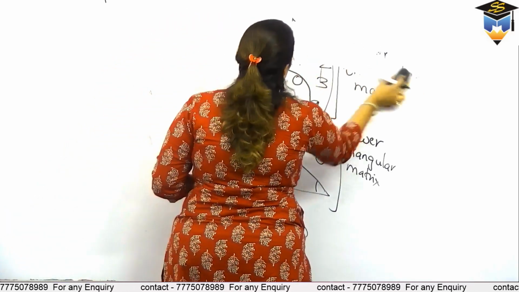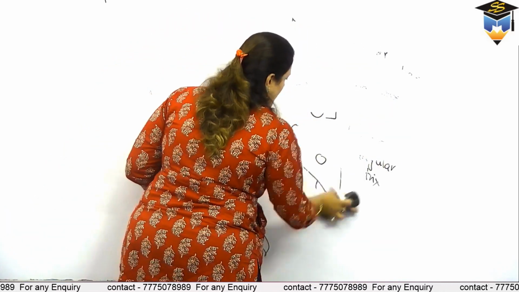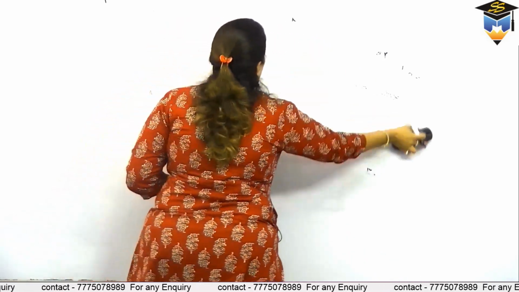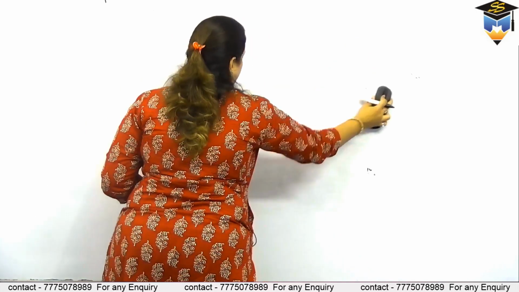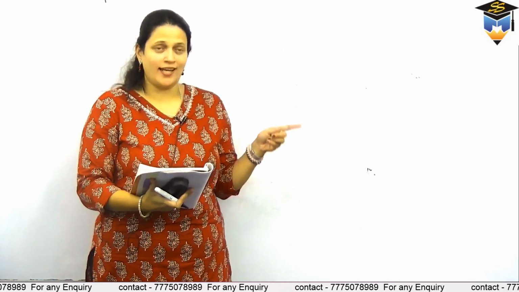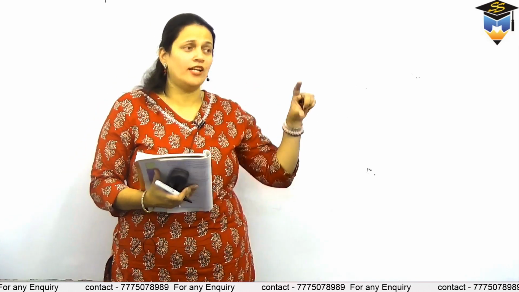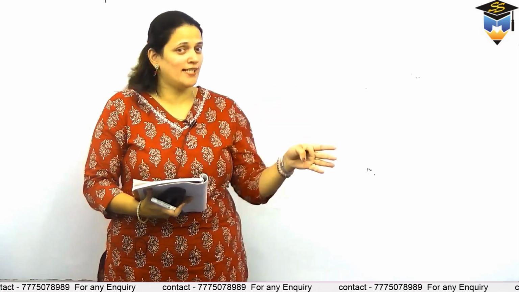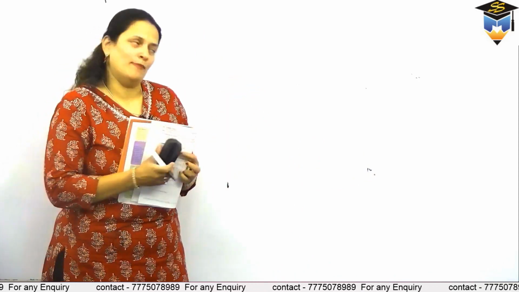This is a very, very important concept called the determinant of a matrix. And after this concept, I will be teaching you how to form a matrix when a given condition is given to you. Yes, it's very, very easy. So please everyone concentrate. Determinant of a matrix.